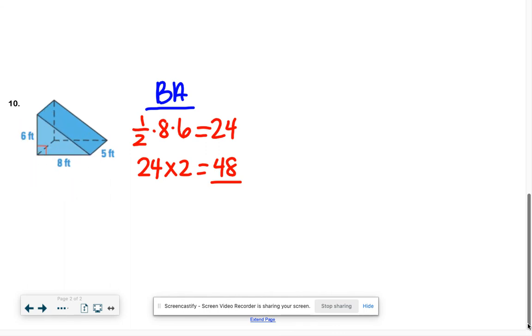Perfect. Now for our lateral area, remember it's the rectangles that build up the wall. So if I trace out this bottom one, what are the 2 numbers I hit? 8 and 5. So 8 times 5 is 40. But in this one, you don't multiply by 2 for the triangular prism.